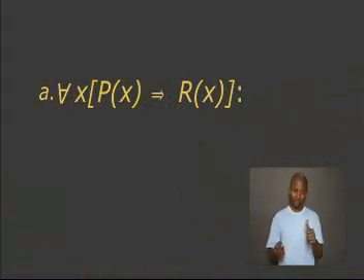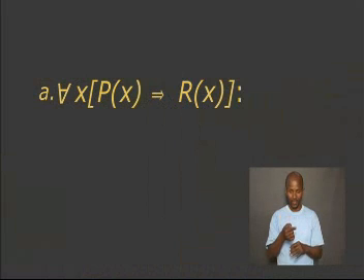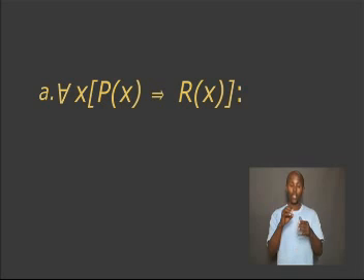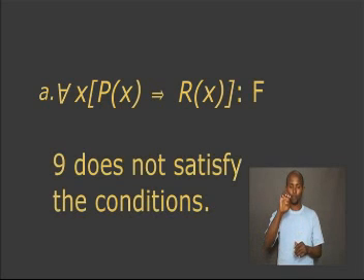Welcome back, students. The first statement says, for all x, x is an odd natural number, which implies that x is a prime number. 9 does not satisfy this condition, so its truth value is false.